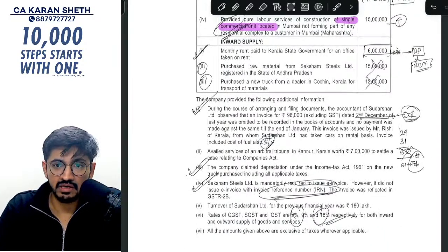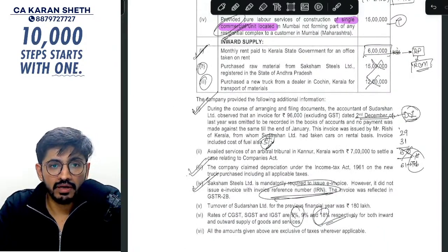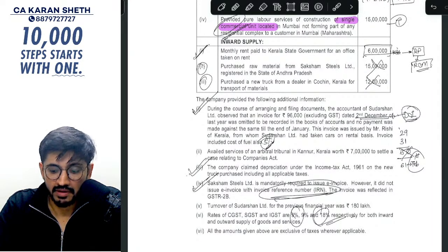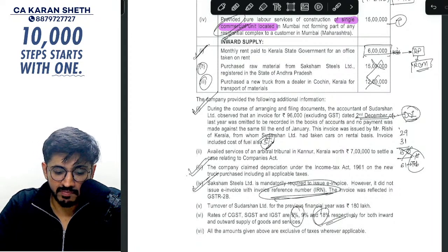If you can just see here now, I hope this is very clear, that the time of supply out here happens to be 1st February.